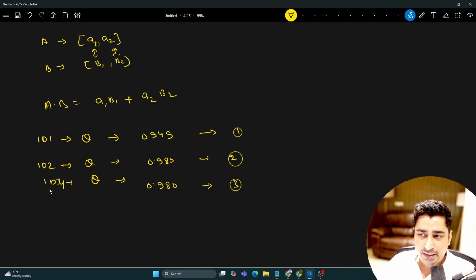So we had 3 data points, and for all of these we are able to find the cosine similarity. A very simple thing, right?